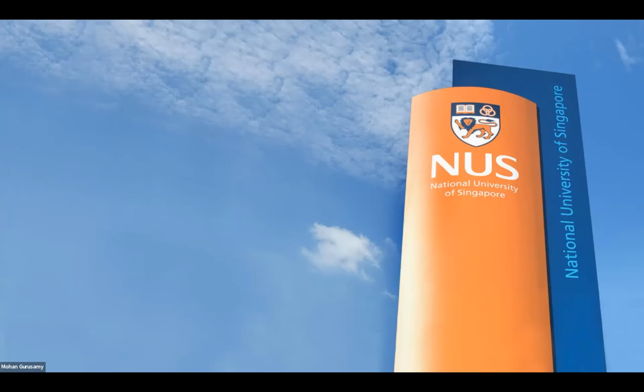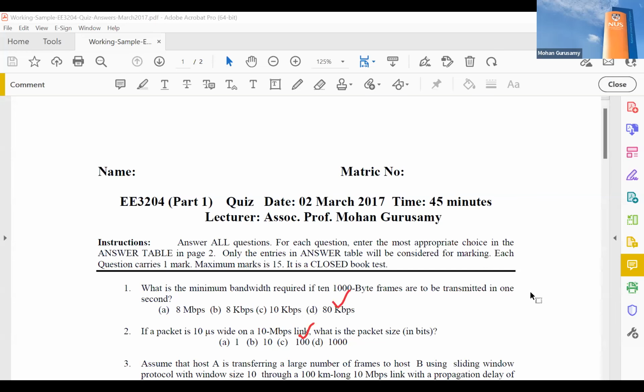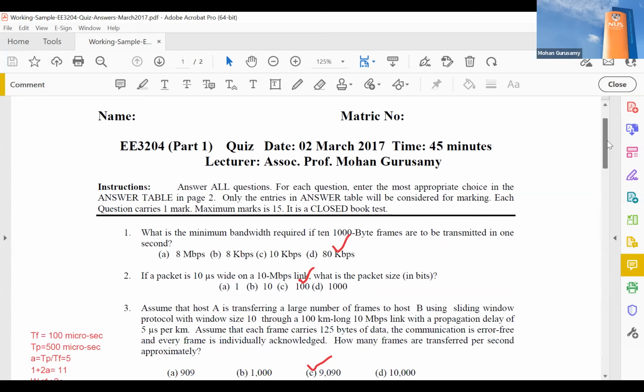Let me share the sample quiz questions. Students, can you see the sample quiz question which I posted? Yes. Okay, I'll go through all questions. Some students are asking specific questions, but I'll go through all questions at the end. It's time for a discussion. Of course, if you want to stop me for quick clarification, that is fine.